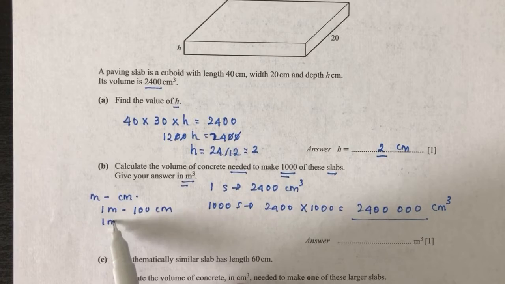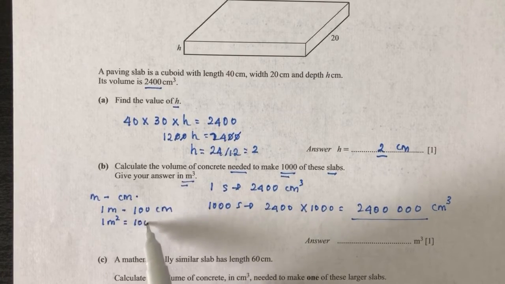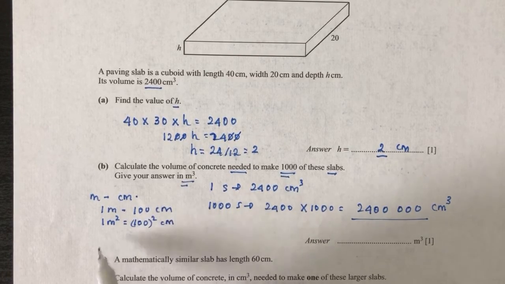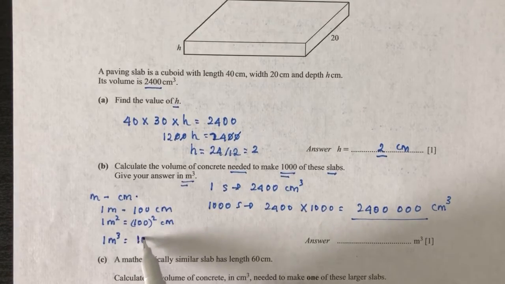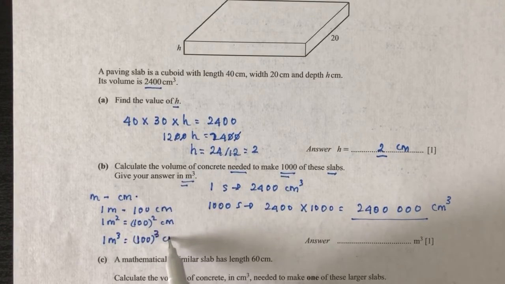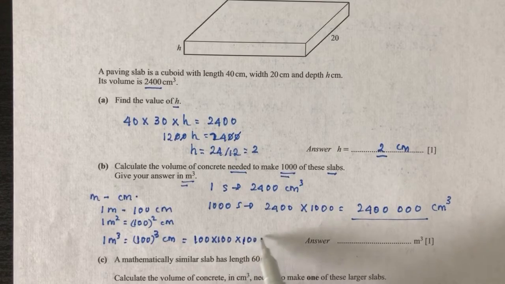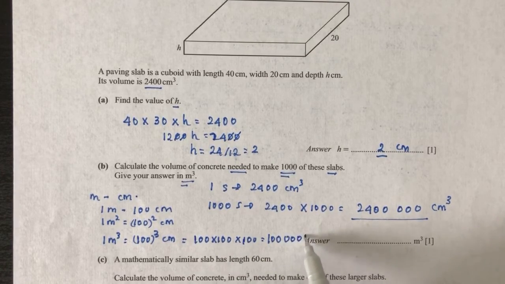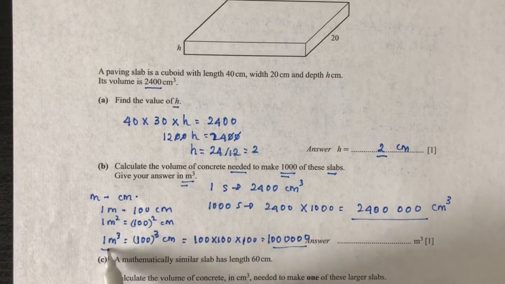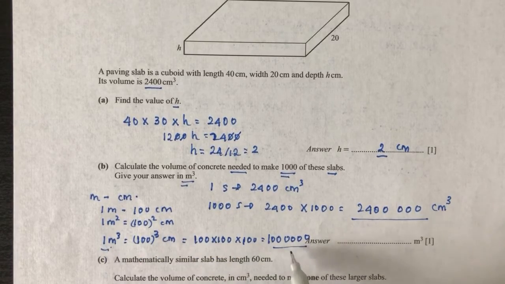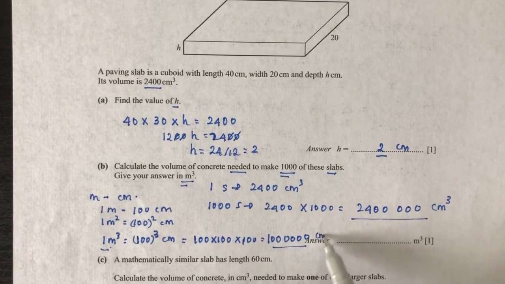So 1 meter cube will be equal to 100 cube centimeter, which is equal to 100 times 100 times 100, which is 6 zeros. Okay, so that's the conversion: 1 meter cube is equal to 1 million centimeter cube.